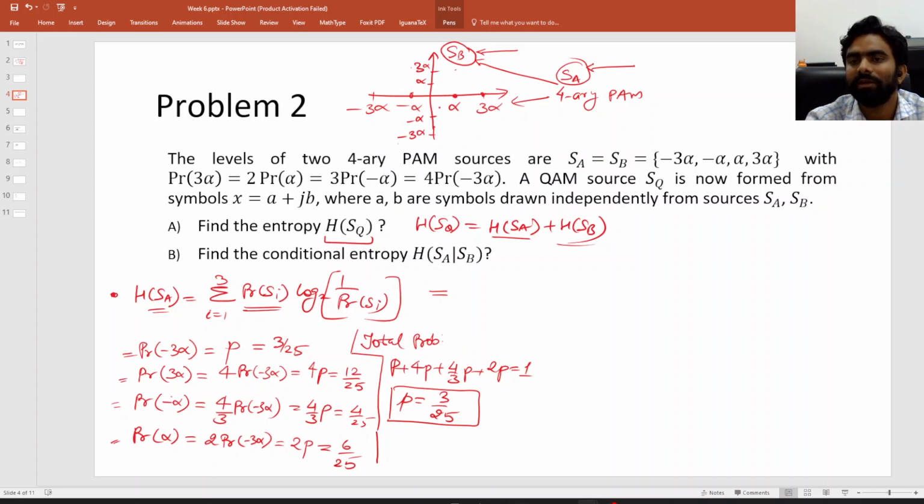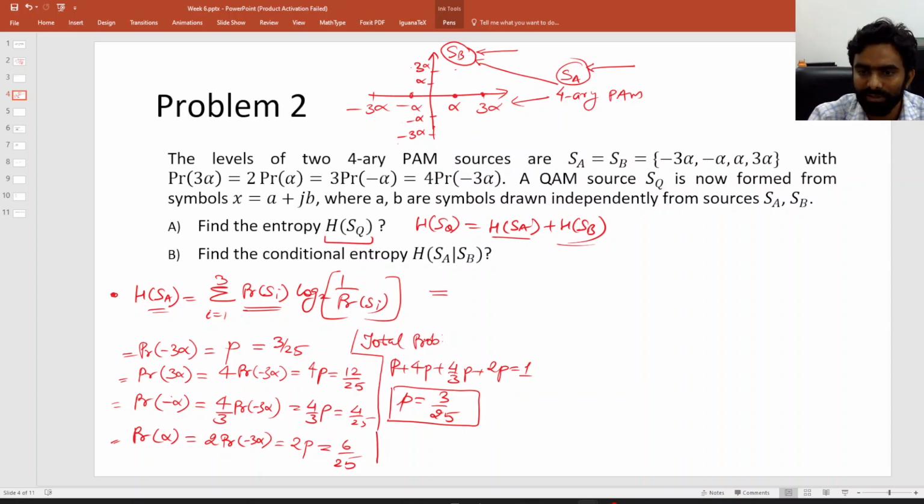The similar symbols are plotted in the quadrature phase, and these symbols are plotted in the in-phase, same on the x-axis and y-axis. So now we have found all the probabilities, and our work is very simple. We have to put the probabilities in this formula, and directly we can obtain the entropy.